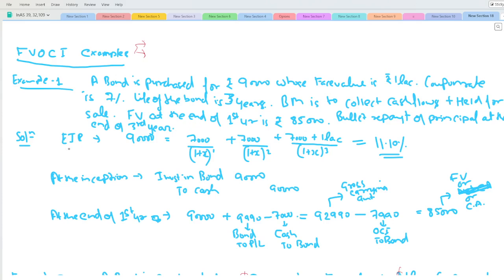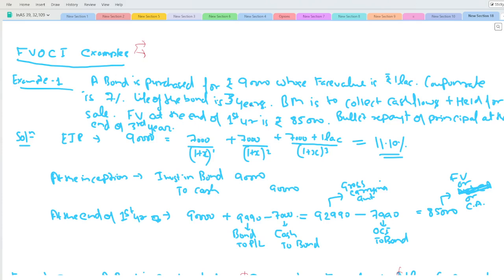Okay, so the first step is to calculate the effective interest rate. Here your purchase price is 90,000, that is the fair value at the inception, and the coupon is 7,000. How is 7,000 coming for each year?